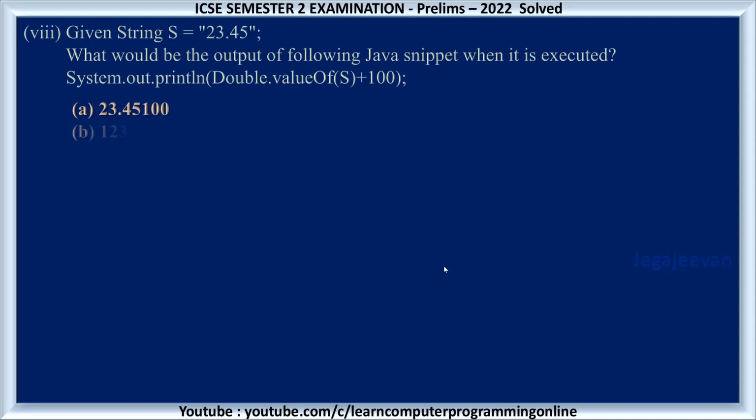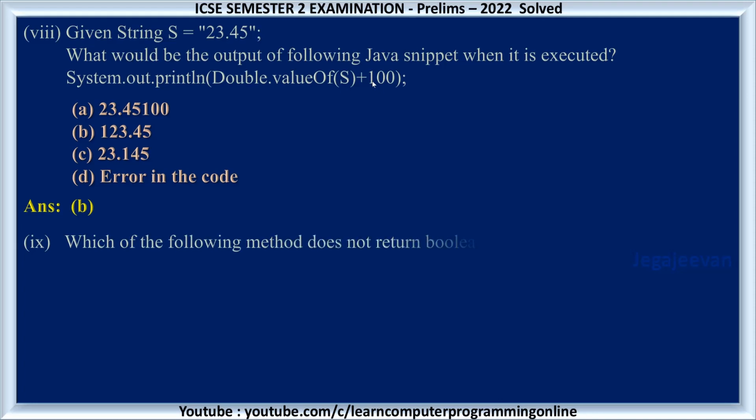Options: 23.45100, 123.45, 23.145, error in the code. Here the double value of the string converts this string into double data type. So it becomes a value now. Then you are adding 100 to it. It is going to be 123.45. That is B.